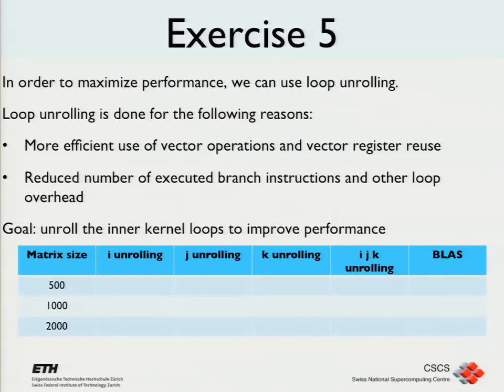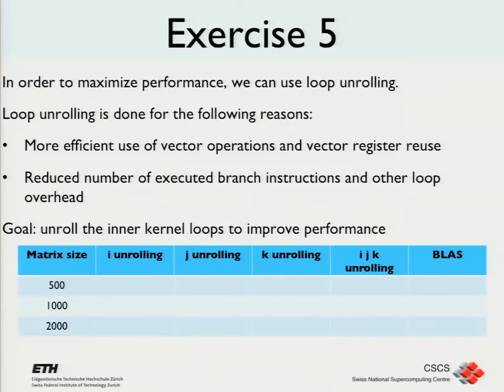So this is the final exercise. It's a bit difficult, but if you want to see the solution and play with these unrolling parameters, have a look at the code Dgemm-unroll and play with the block size and in particular the PAPI counters. This is very interesting.